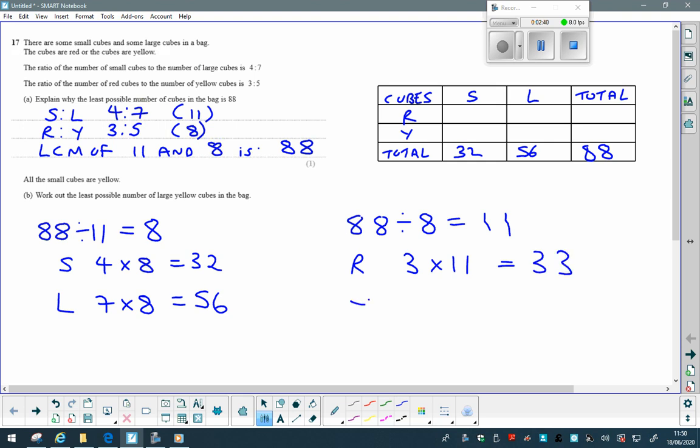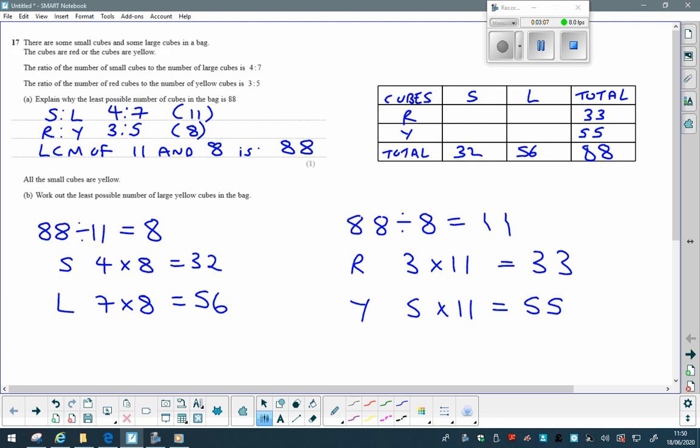And for our yellow cubes, we're going to do 5 times 11, which is 55. And I'm going to populate my two-way table with that information, which is 33 and 55. So that's all adding up. That's all consistent with everything in the question so far.